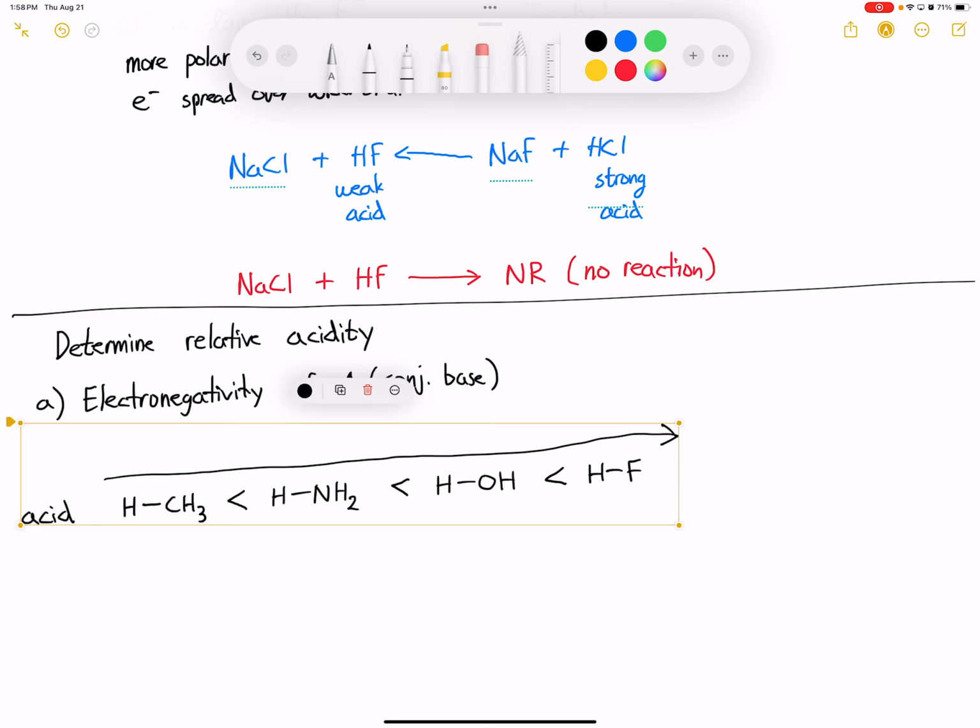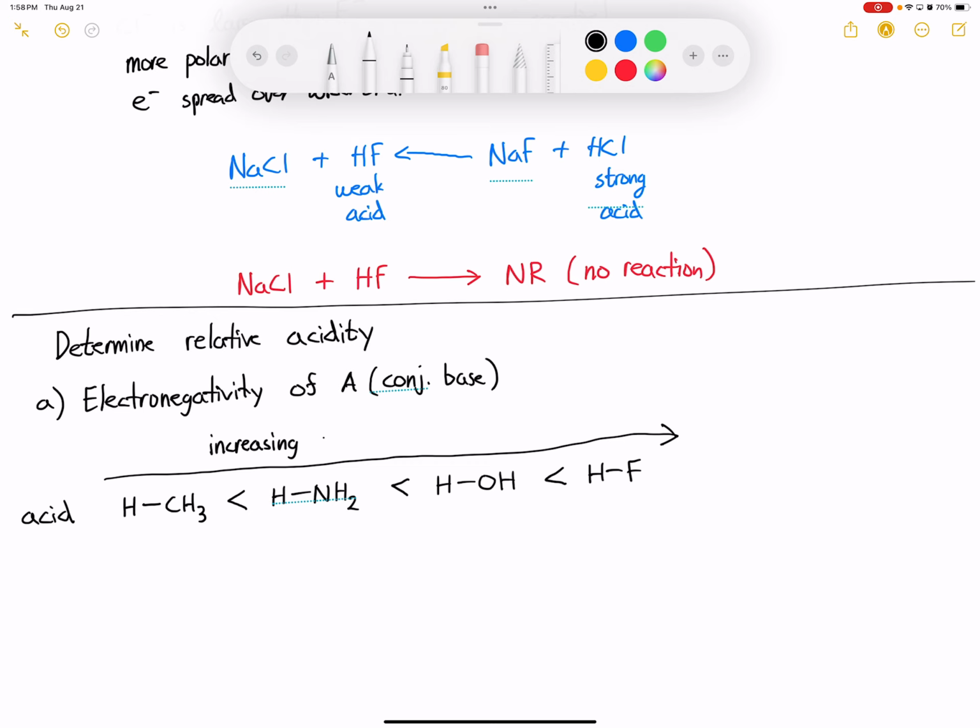So on this scale, in this direction, what is increasing from left to right? What property have we pretty much talked about this whole class? Electronegativity, right.